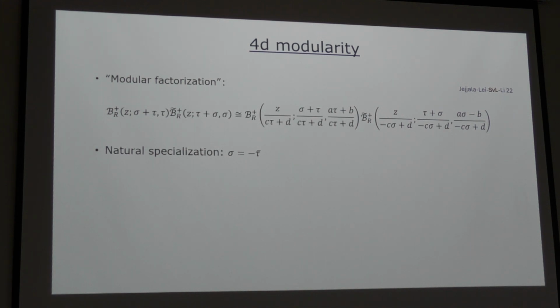So it suggests that this modular factorization, perhaps in some limited specialization, can be understood as a type of holomorphic anti-holomorphic factorization. But there are some details that don't quite make it as intuitive. That's something that I'm still working on. Okay, thanks, Sam.